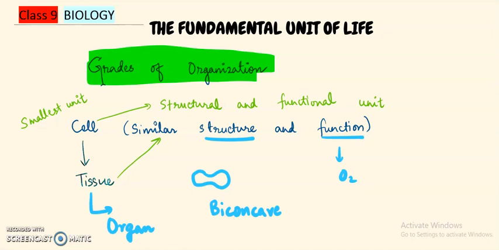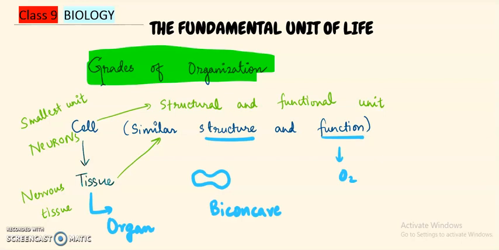Let's say if we are studying nervous system, right? So nervous system will have cells and these cells will be known as neurons. Okay, so all the neurons, they will be getting collected together to form a tissue that will be known as nervous tissue.